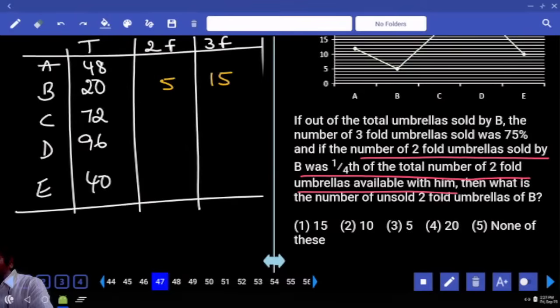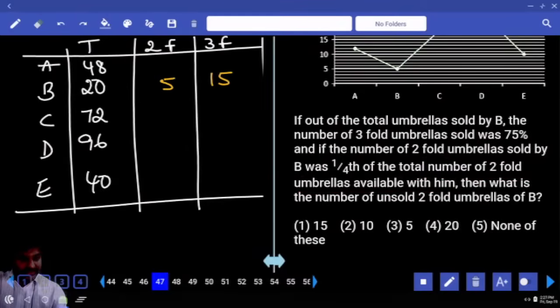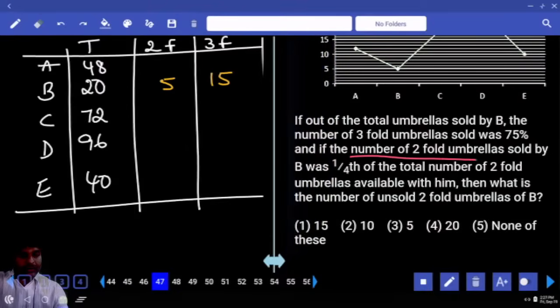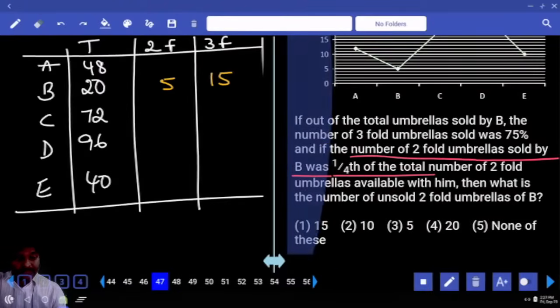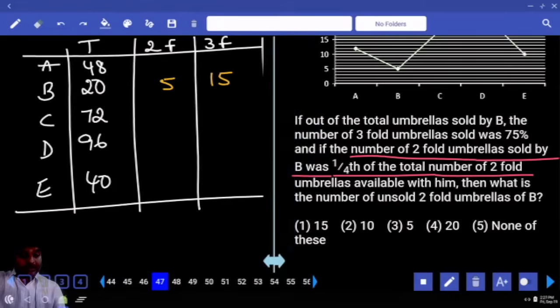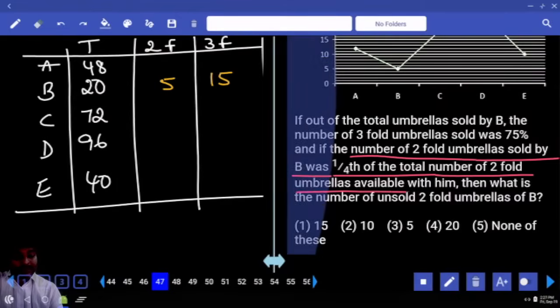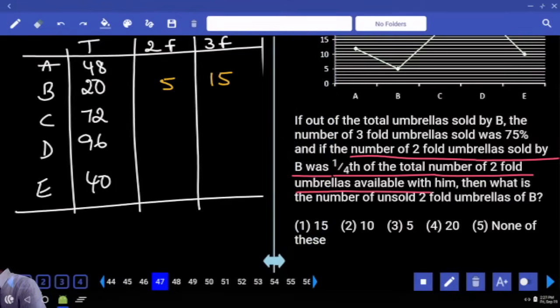These are all sold items. According to information, two-fold umbrellas sold by B was 1/4 of the total number of two-fold umbrellas available with him. This is equal to 1/4.